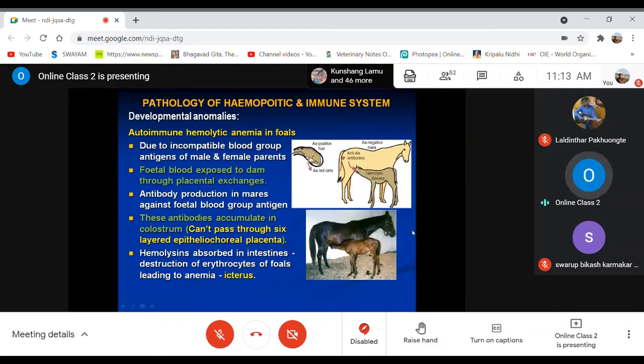So when we are talking about autoimmune hemolytic anemia in the case of horses, when the stallion, the male partner, has a blood group which is different from the mother, the mare, meaning there are incompatible blood group antigens of the stallion and the mare, these male and female parents are having different blood group antigens.